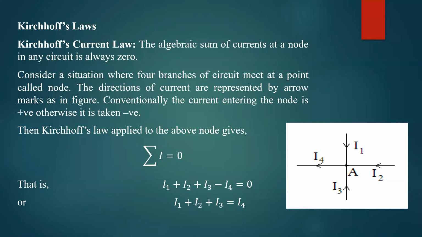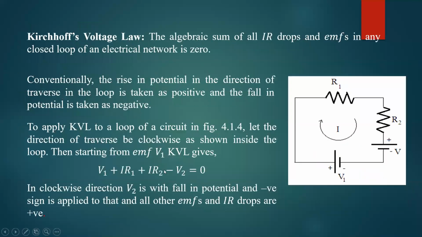Simply, the algebraic sum of currents meeting at a node should always be equal to 0. To apply Kirchhoff's current law, you should remember the conventions: current entering the node is positive, and current leaving the node is negative. That is how we understand Kirchhoff's current law, which is based on the law of conservation of charge. So charge will not remain at point A. The charges coming to node A should leave immediately.